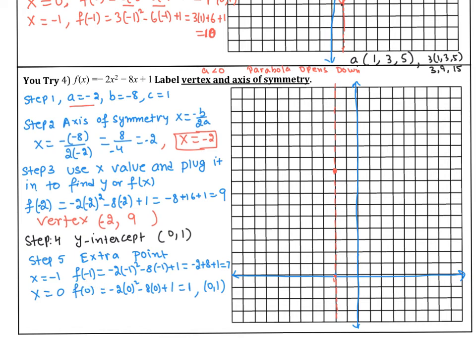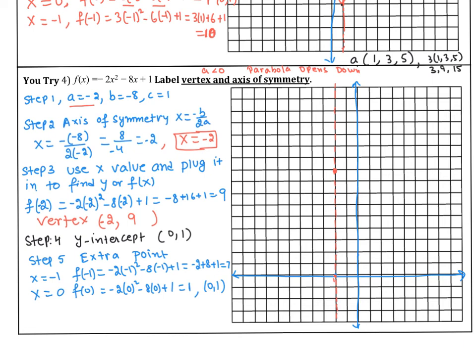So -2 times -1 squared, which is 1. So -2 times 1 is -2. -8 times -1 is +8, plus 1. So 8 plus 1 is 9, minus 2 is 7. So my next point is -1 comma 7.